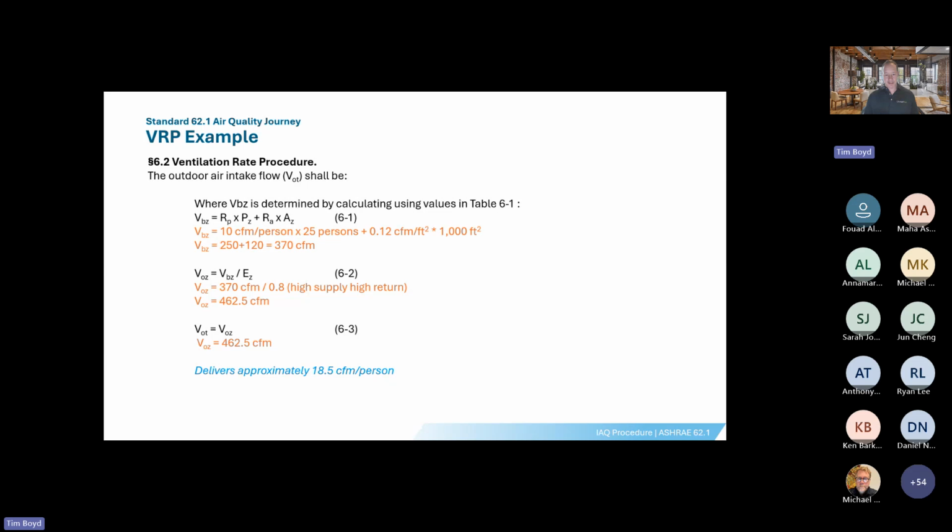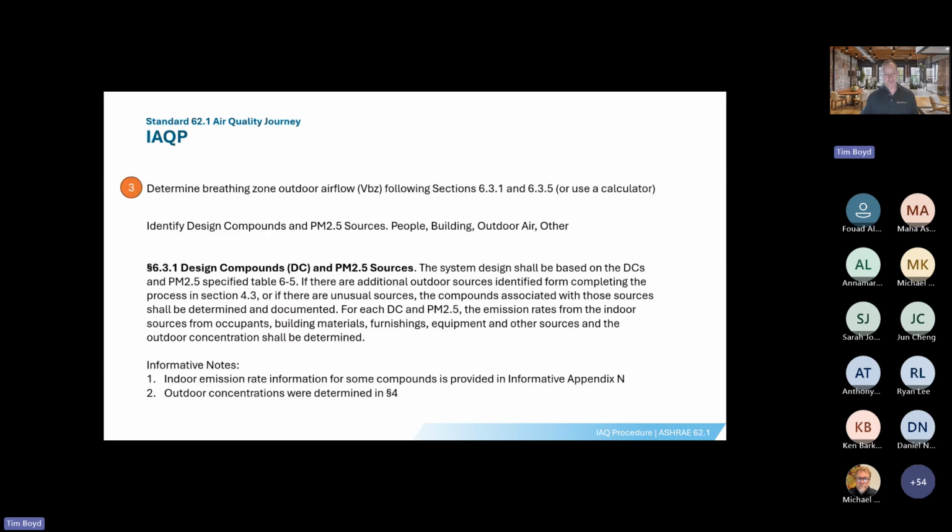We're going to come back to that as an example of the benefits you see in the indoor air quality procedure. Now if you go down into 6.3 under 62.1, you can see where they start to define how you manage the indoor air quality procedure. In the last sentence, I'll just read it: for each design compound, and PM2.5, the emission rates from the indoor sources, from occupants, building materials, furnishings, equipment, and other sources, and the outdoor concentration shall be determined.